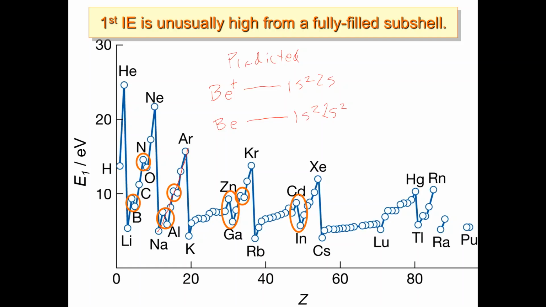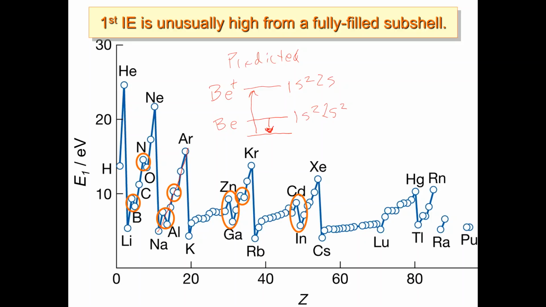So that neutral has been stabilized a little bit and has dropped. The data seems to suggest, that's why I keep using that word, that fully filled subshells are lower in energy than you would predict. What does that mean? That means this level has dropped a little bit because of this stable configuration. And if this level drops, then the difference is bigger than you would expect.